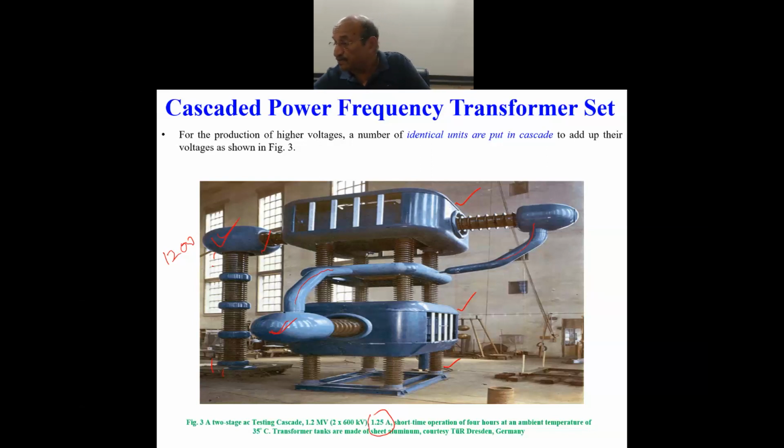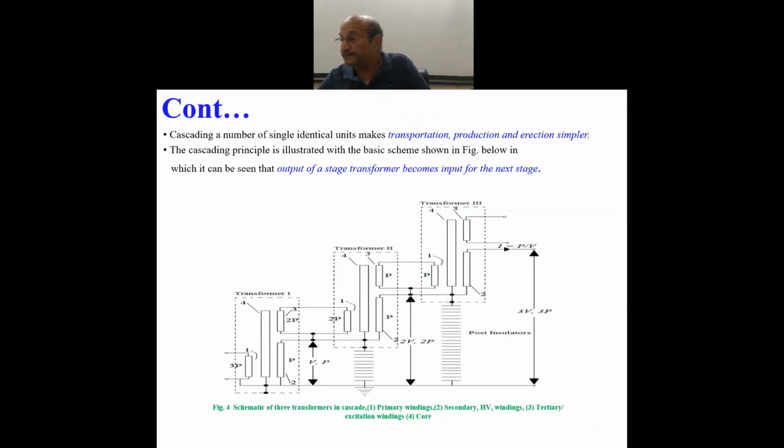Let's try to learn with the help of a schematic diagram of three identical transformers in cascade. The one here is the primary winding.